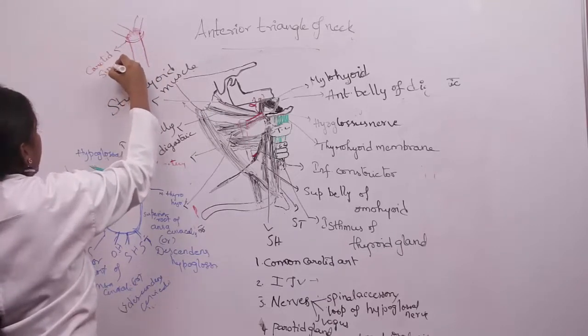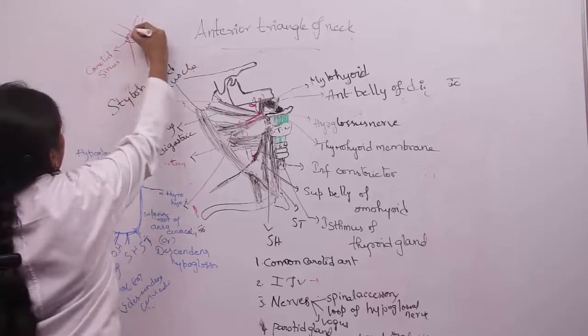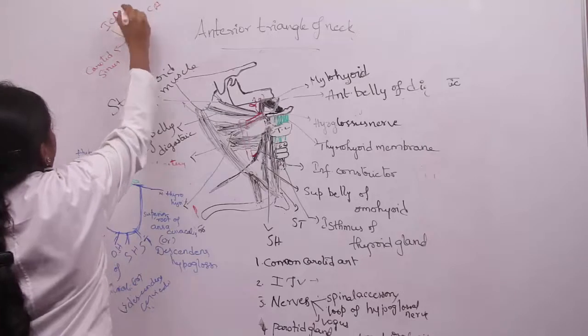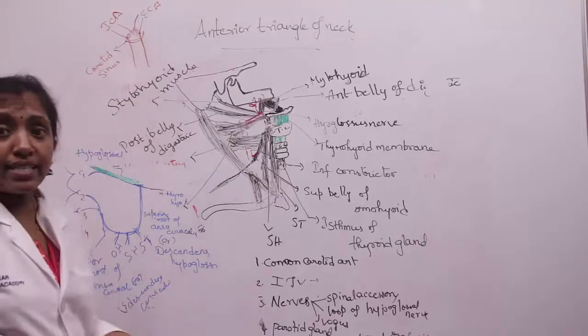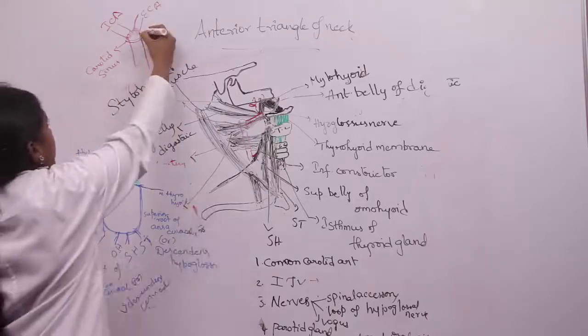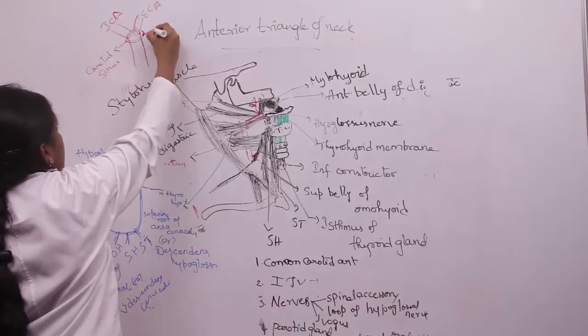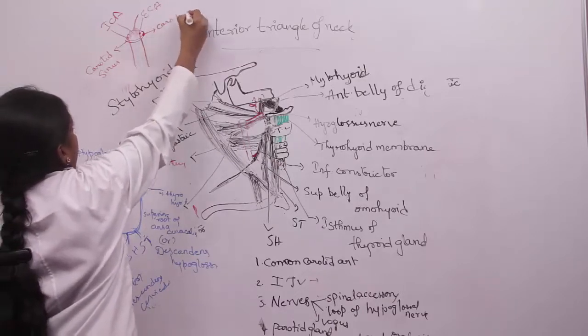Common carotid artery, before dividing into external carotid artery and internal carotid artery, forms a dilatation that is called carotid sinus, and an oval body situated on the posterior part of carotid sinus we call carotid body.